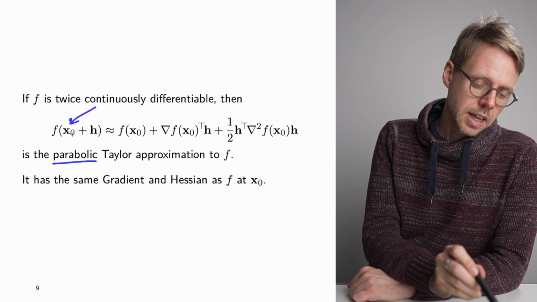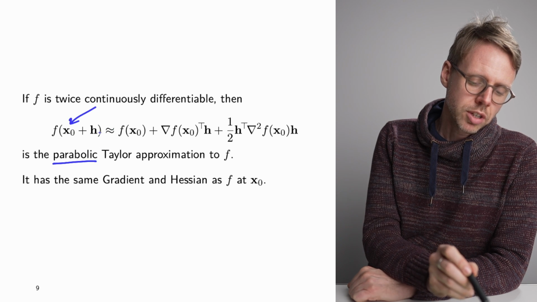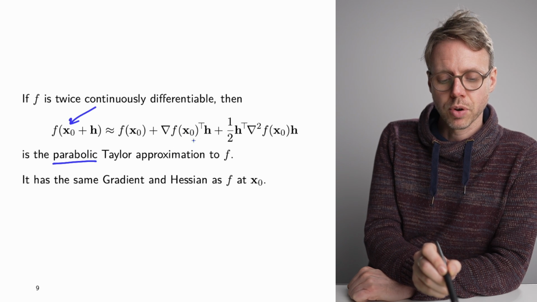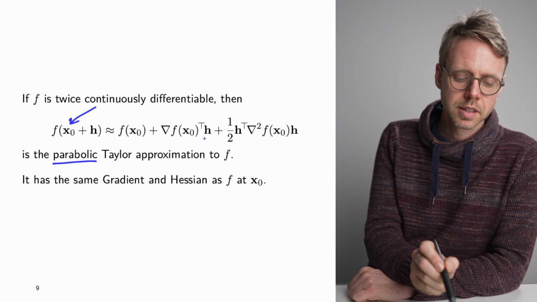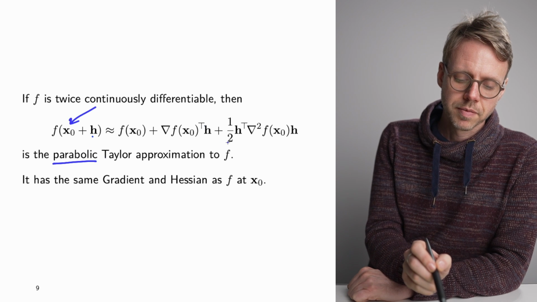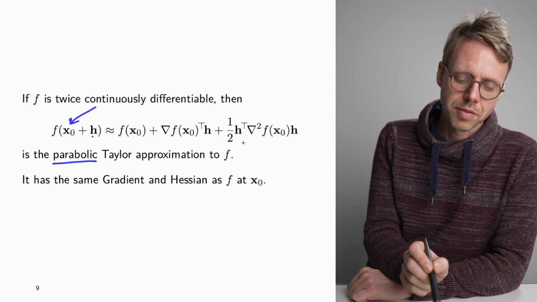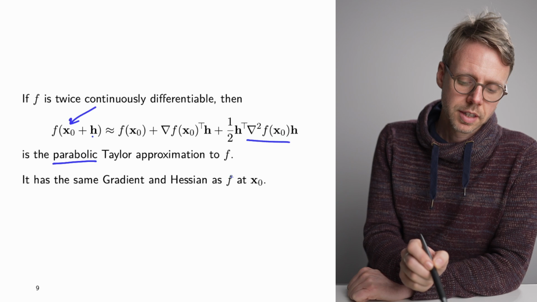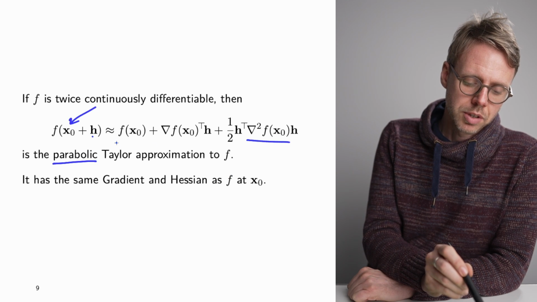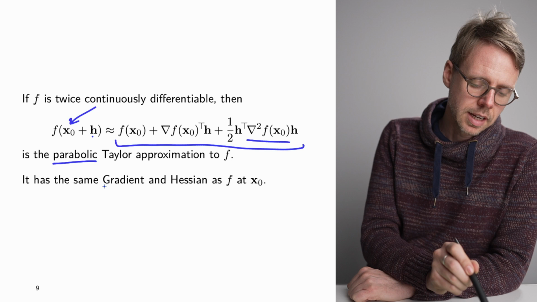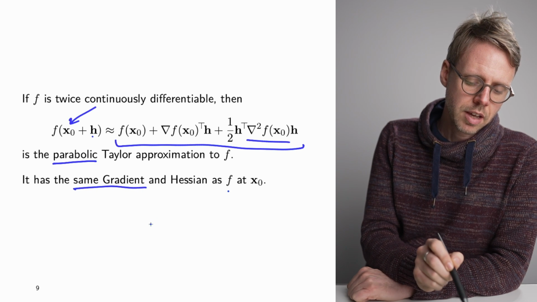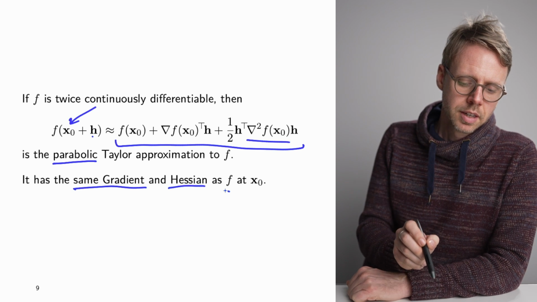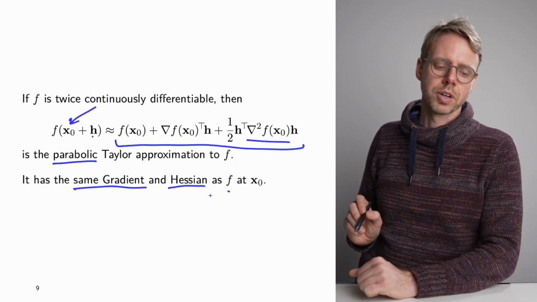And it says that f of x0 plus h is approximated by f of x0 plus the gradient at this point x0 times the difference vector plus 1/2 times the squared form of the Hessian at this point x0. Now this approximation has the same gradient as f and the same Hessian matrix as f, but all higher order derivatives would be 0 for this approximation.